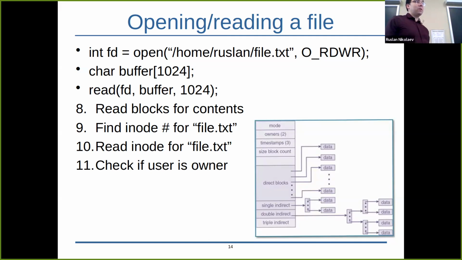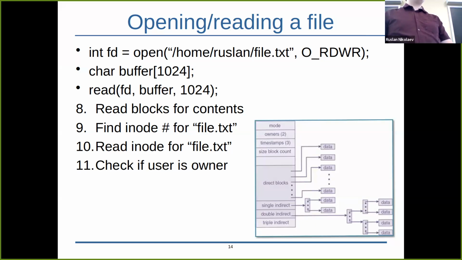But before we complete, you need to check whether you have permissions to access this file, especially since you specified to open for reading and writing. Then you have to check the permissions of the file. First of all, you want to check if you are the owner of this file. If you are not the owner, are you at least in this group? No, you're not in the group.